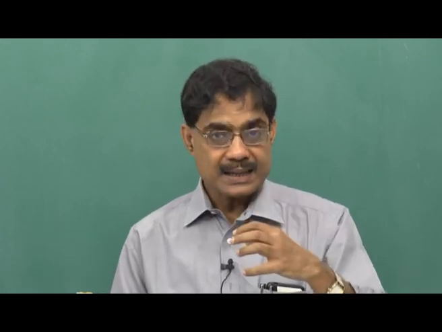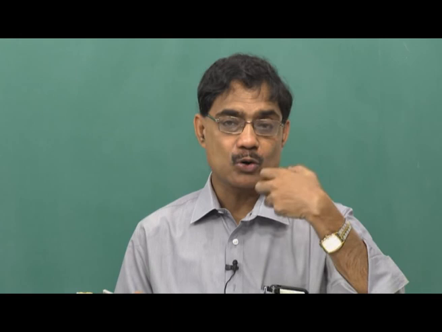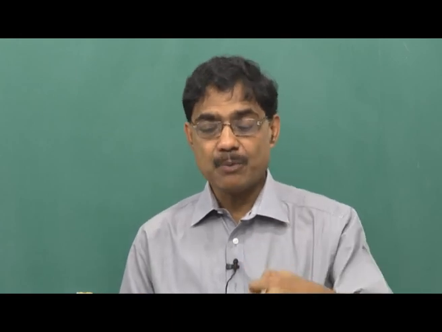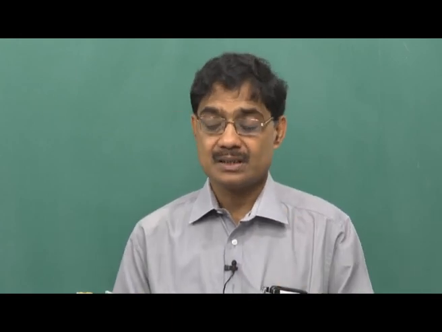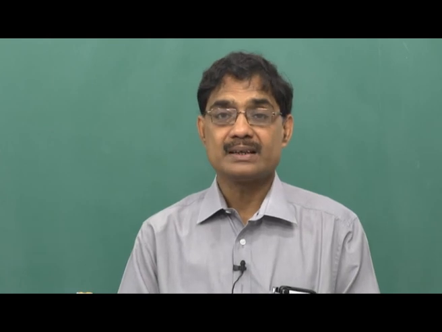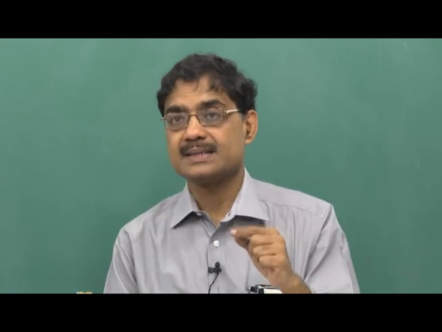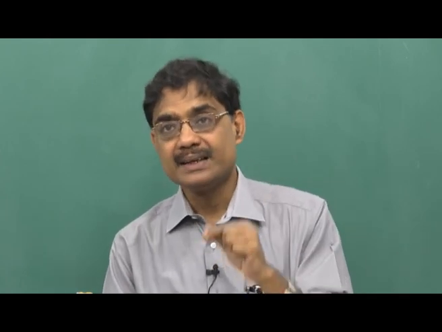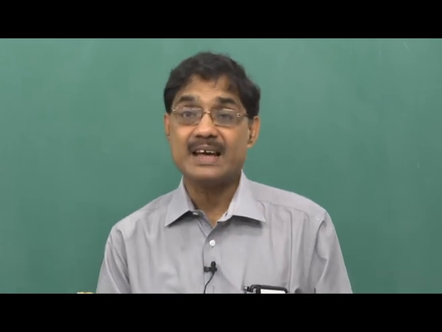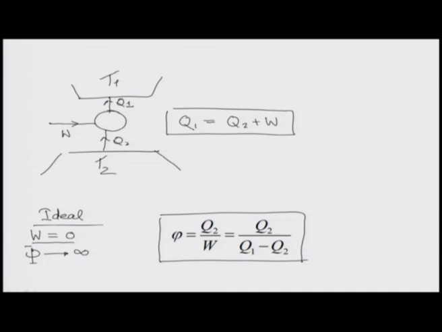Or rather, I will keep on working in a closed cycle, extracting heat from the cold reservoir, and no work is necessary to be done on the system. If I can achieve that ideal situation, then W will be equal to 0 and phi will be infinity.